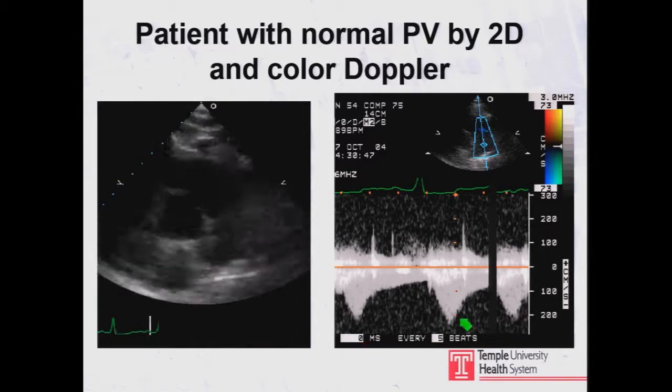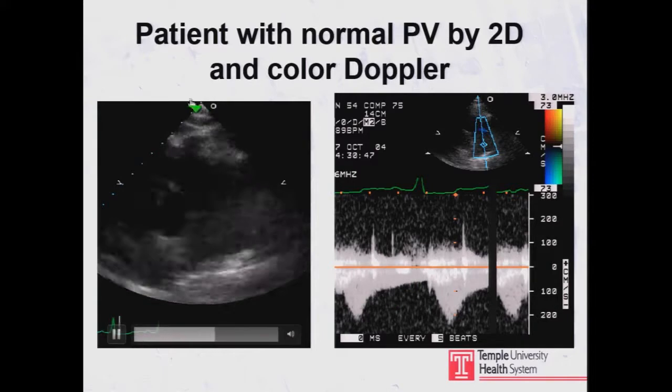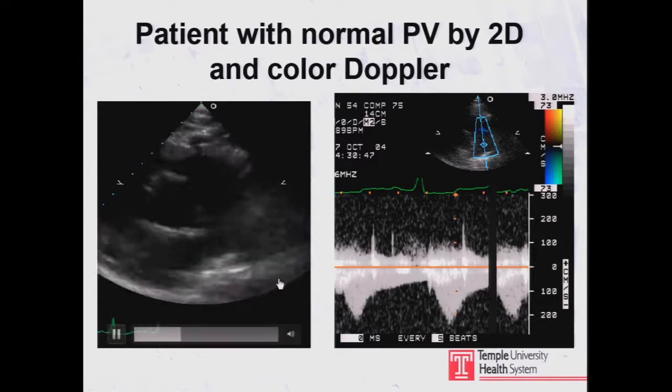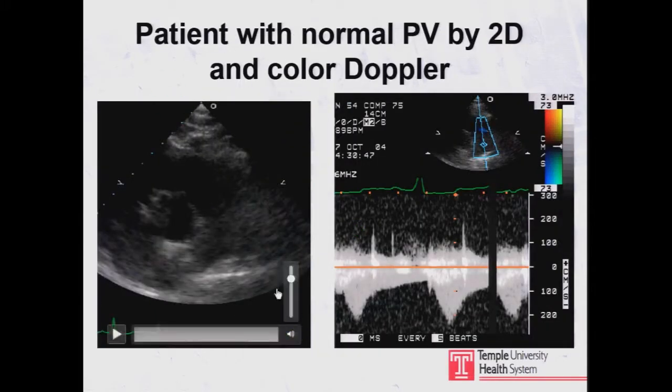It looks like the patient has pulmonic stenosis and has very weird continuous flow into the pulmonary artery in diastole. And the reason is that the continuous wave Doppler is actually hitting the descending aorta, and here's the abdominal aorta in this patient. They have continuous color flow. They had a coarctation. And so the continuous wave Doppler was getting the coarctation flow in the descending thoracic aorta and not the pulmonary artery.